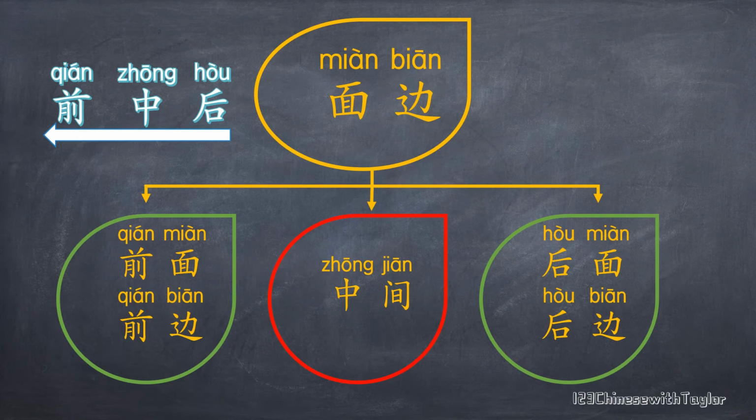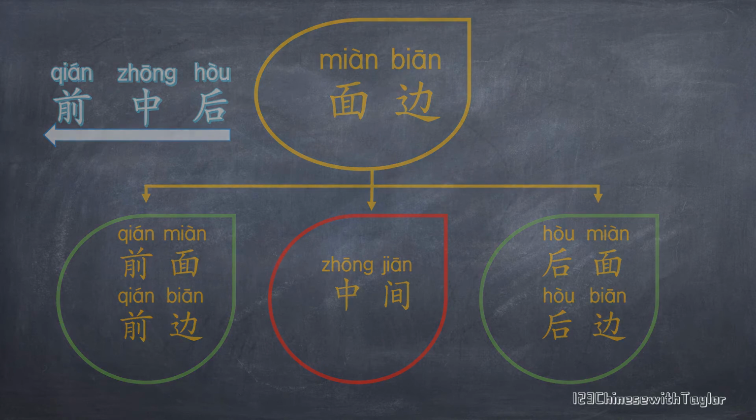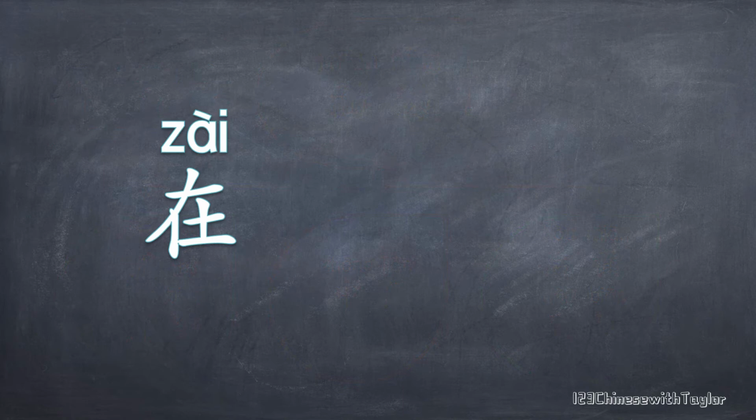Alright, since we have already learned the words, now let's move on to the sentence structure. So you are able to use the words that you've learned to describe some locations or directions. The sentence structure is also very simple. This character 在 is very important.